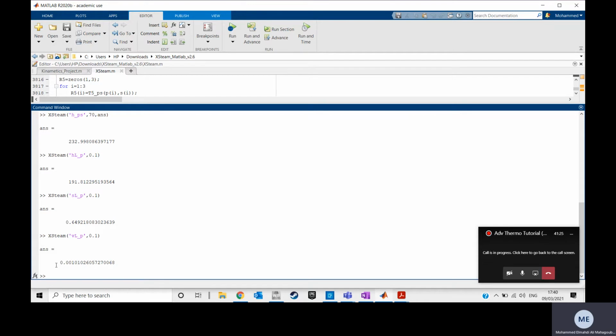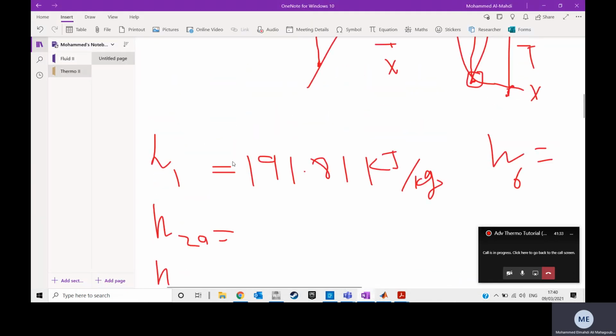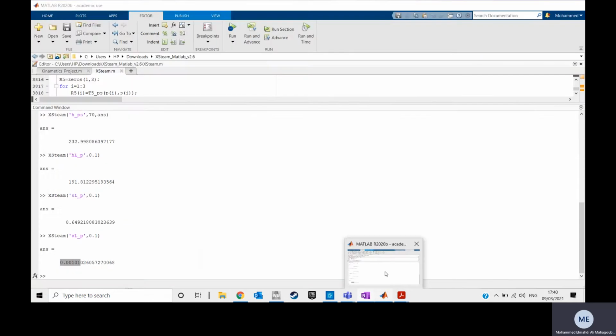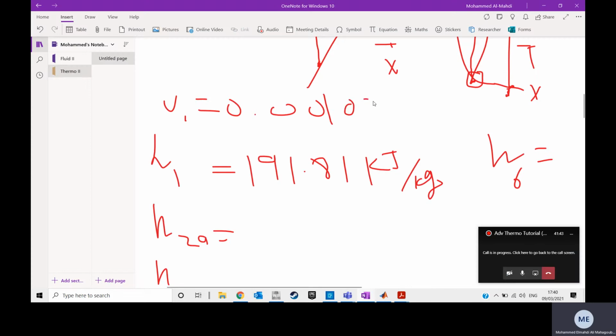Now this is the specific volume of point 1, which is 0.00101. Okay, let me write a couple of digits, 0.0010103. Is that correct? So let me just take it again.